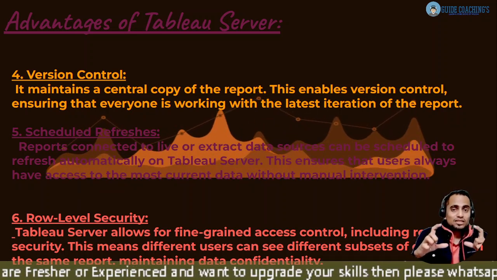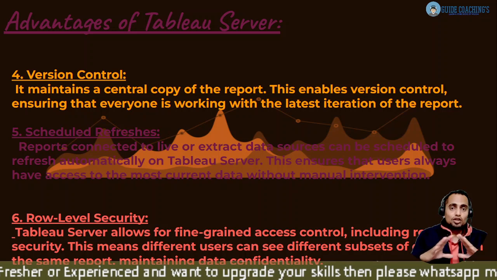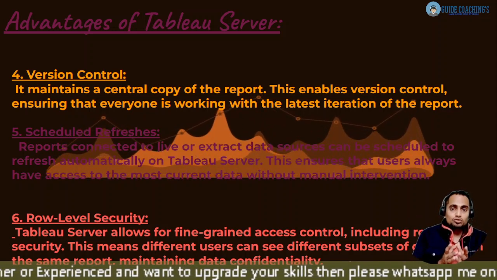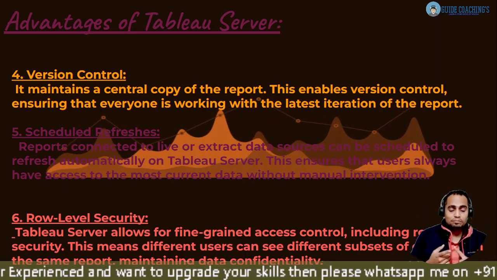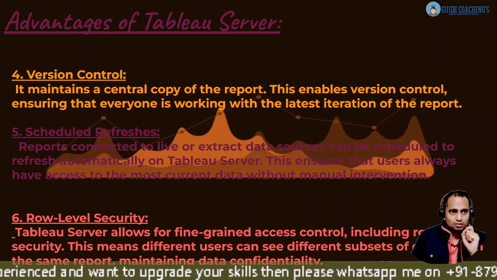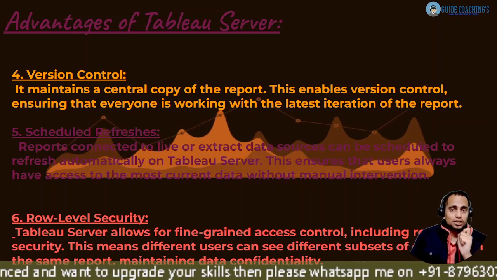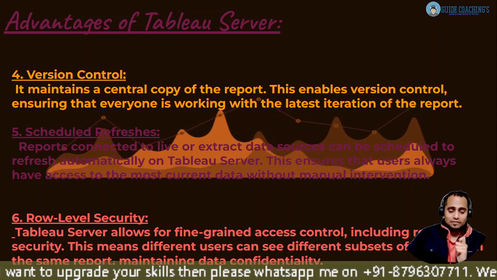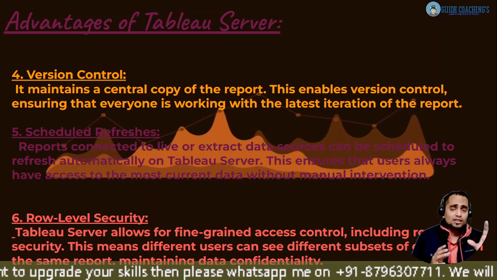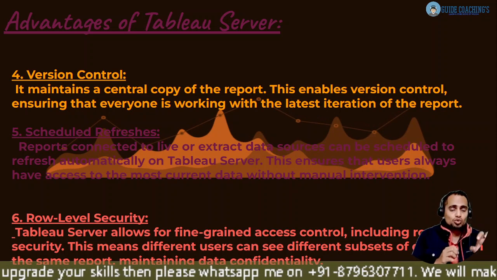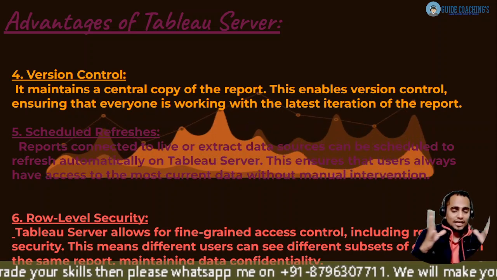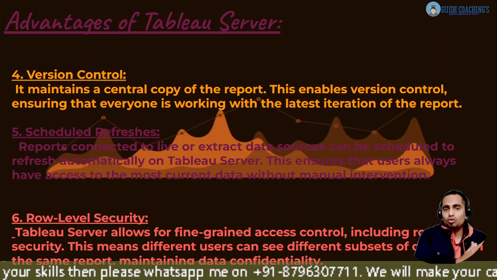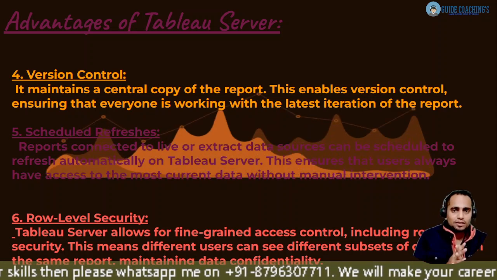He will be able to see that particular portion only, and not the holistic view. So that is the best and most important advantage of Tableau server, which gives us row level security, where we can define the role and give certain access to a particular dashboard, but not all the access to that user.